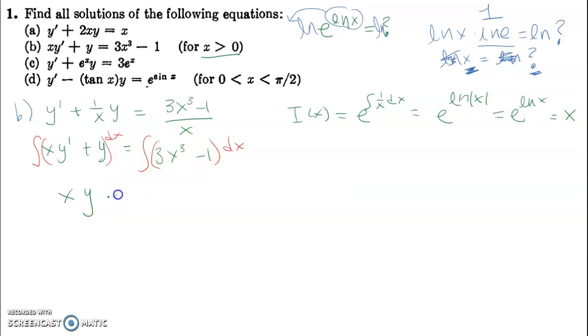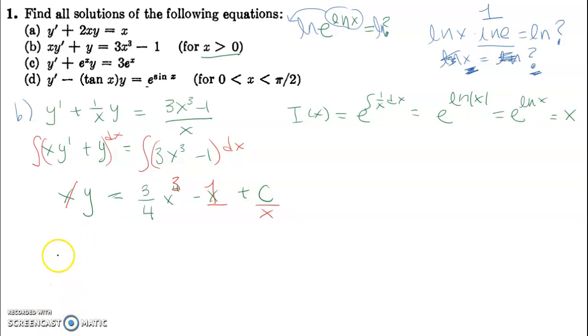So x times y equals, on this side, 3 over 4 x to the 4th minus x plus c. Now we're going to have to divide both sides by x so that we can have y by itself. So divide by x. This we will have 3, and this will be 1, and we will have this over x.